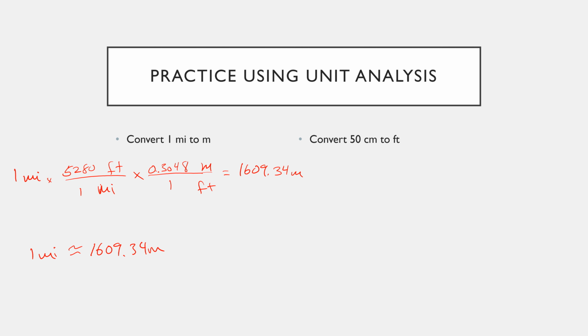Let's now go from centimeters to feet. In this example, I'm going to start with 50 centimeters, and I'm going to go from centimeters to meters first, because that's a really easy conversion. So we always want to do the easiest ones we can. So we have 1 meter is equal to 100 centimeters. And then if you remember from the start of this video, how many meters are going to be in a foot?